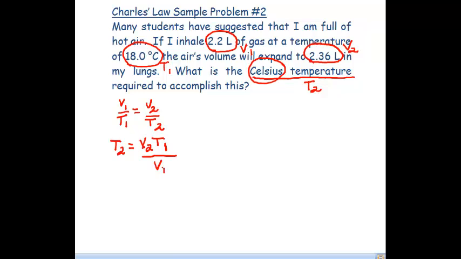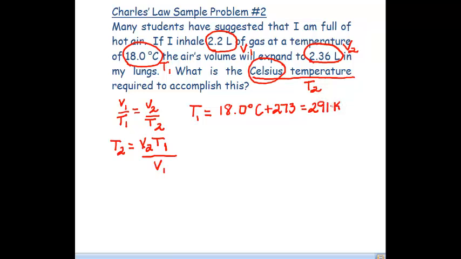That's what the rearranged equation looks like. Once again, I've got to take that first temperature, which is 18.0 degrees Celsius, and convert it to Kelvin. So 18.0 degrees Celsius plus 273 is going to equal 291 Kelvin.